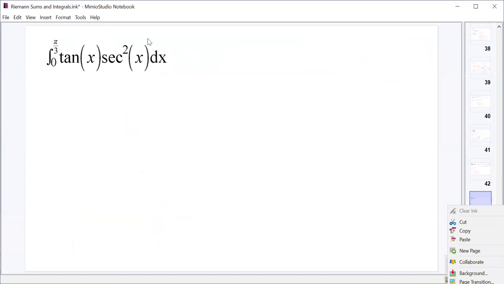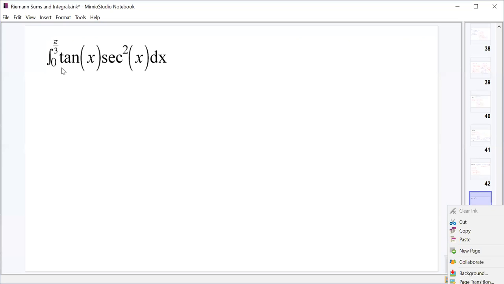All right, next one. And then this one's a definite integral, so we're going to make sure that we evaluate properly at the end here. So what's the substitution that we're going to want to make? Is one piece of this the derivative of another piece of it? If one piece is the derivative of the rest of it, then we'll make the rest of it our u.